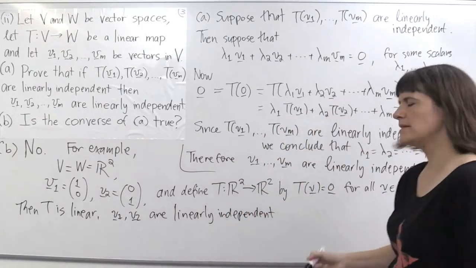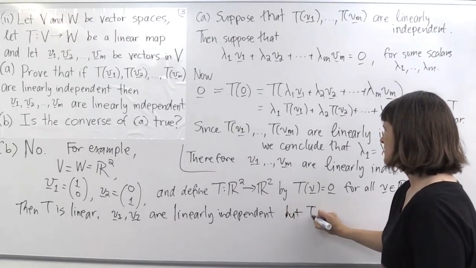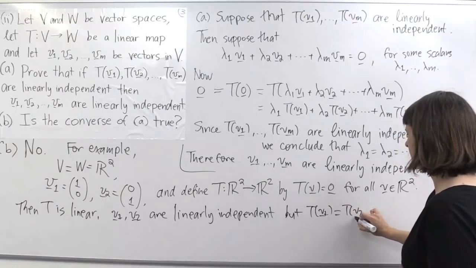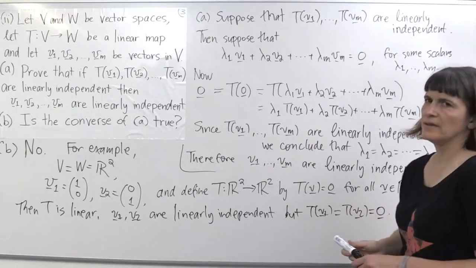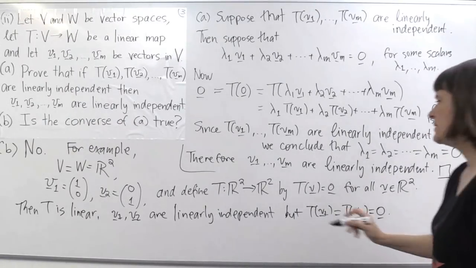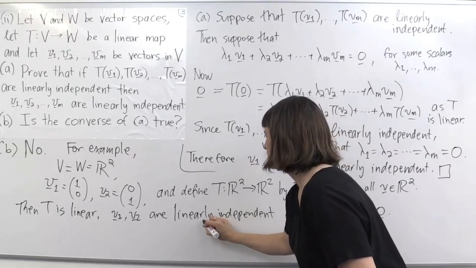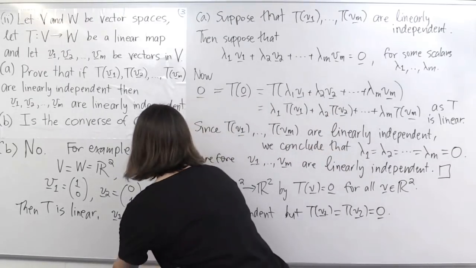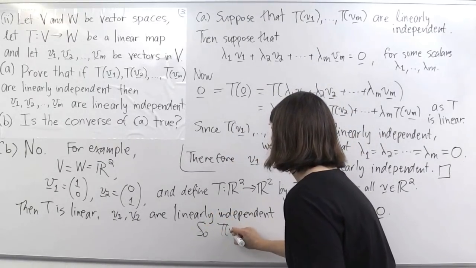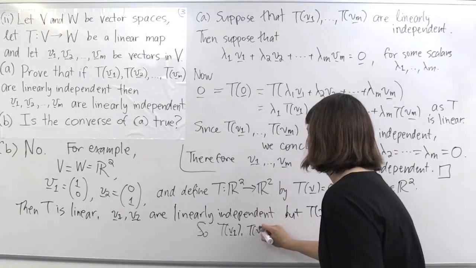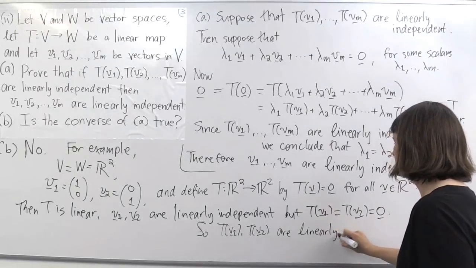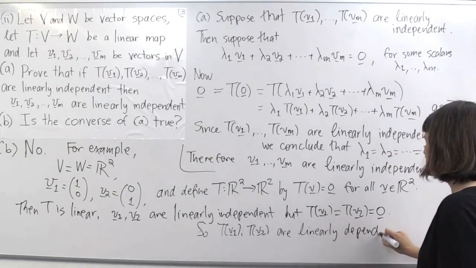Okay, but T of V1 equals T of V2 equals 0. And any set containing the 0 vector is not linearly independent. This one has it twice. So the punchline is that T of V1 and T of V2 are linearly dependent.